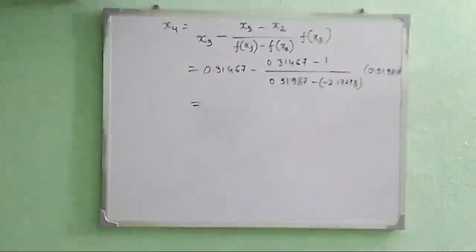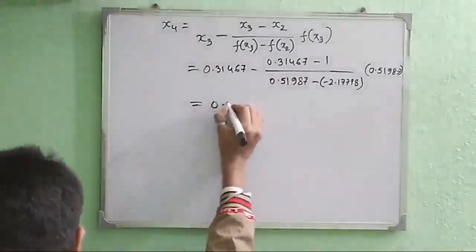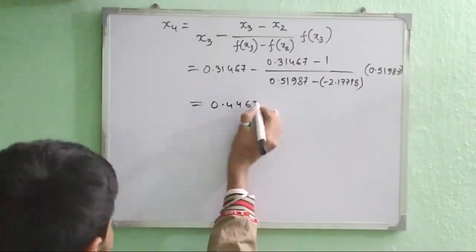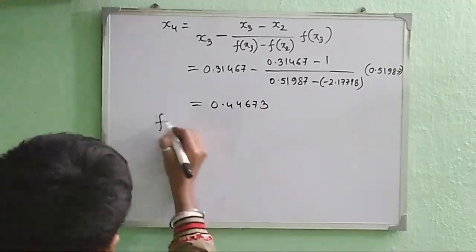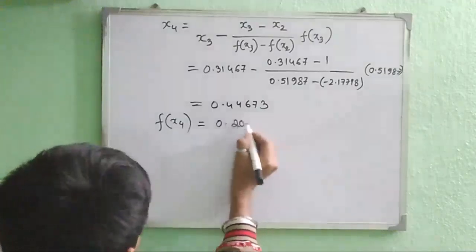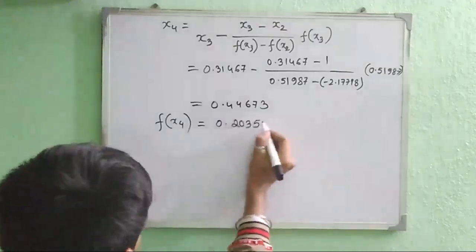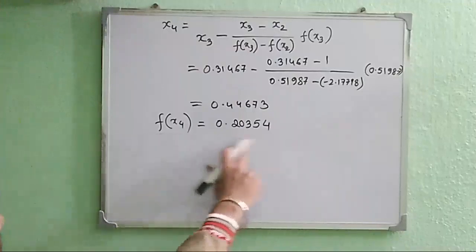This comes out to be 0.44673. From this we can calculate f of x4, which is 0.20354. So this is our f of x4.